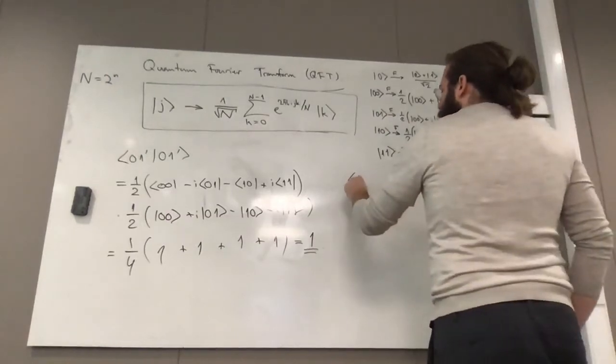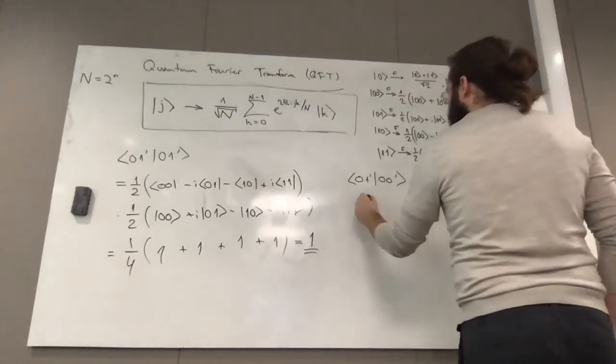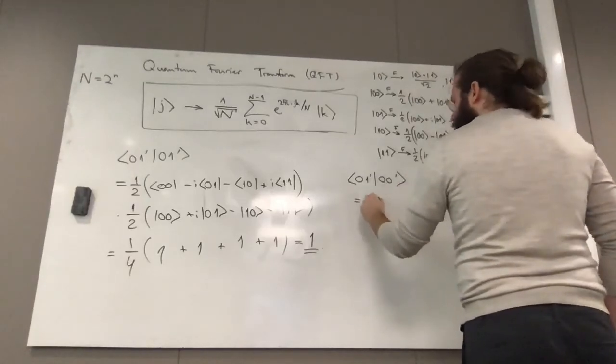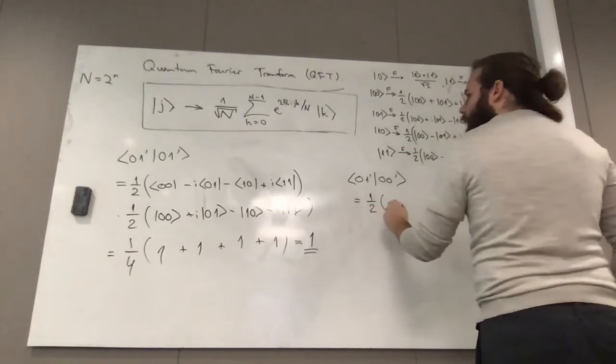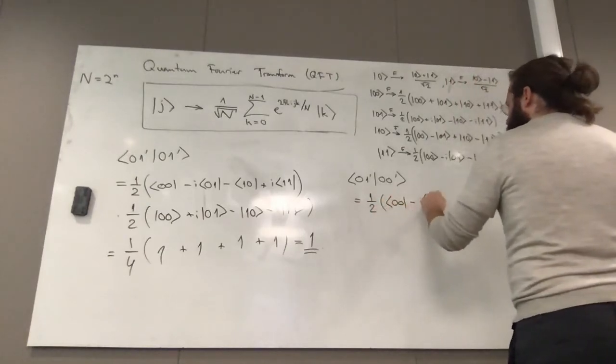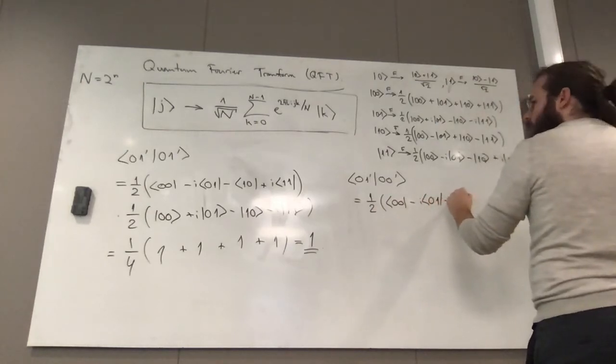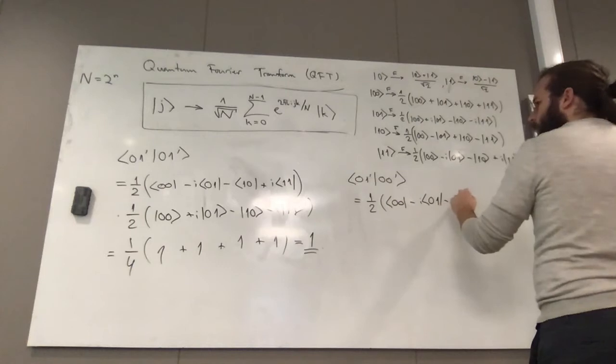And then checking it together with a different basis state. So let's take the trivial one. You get 1/2 |0,0> minus i |0,1>. Is the Fourier transform just a unitary transformation?